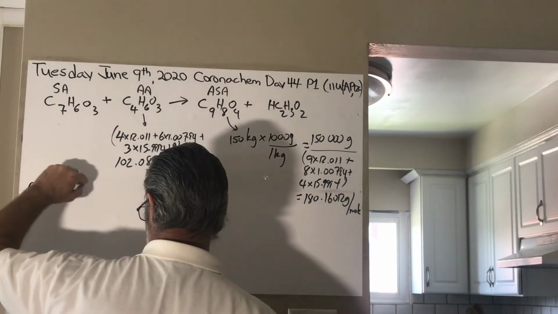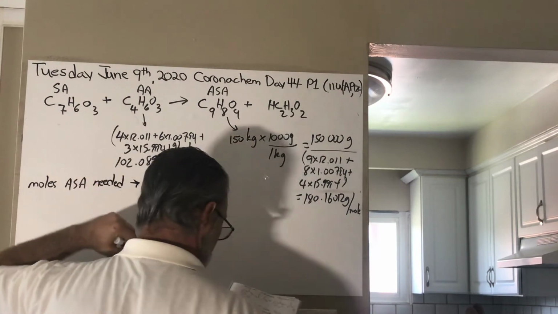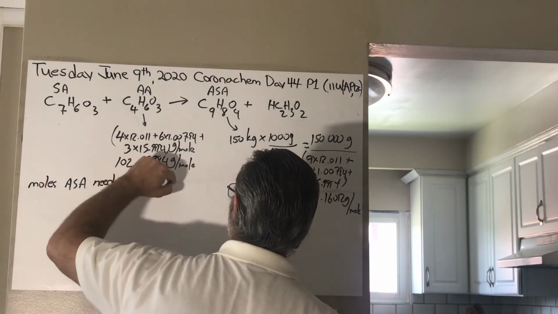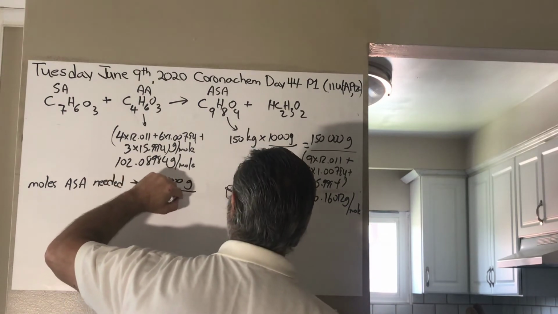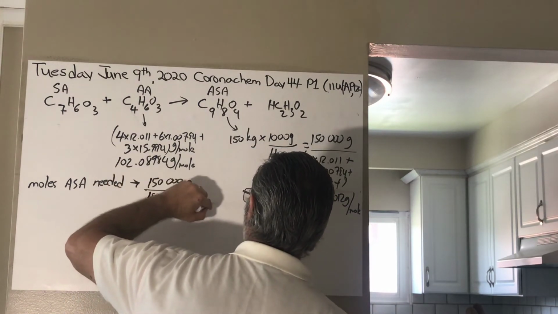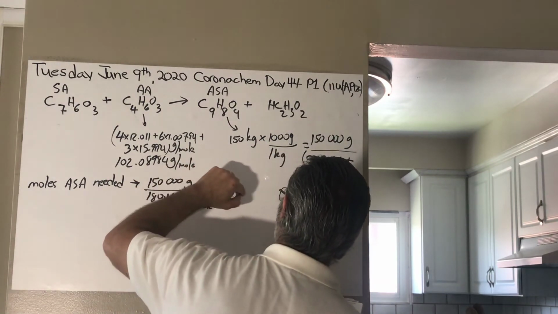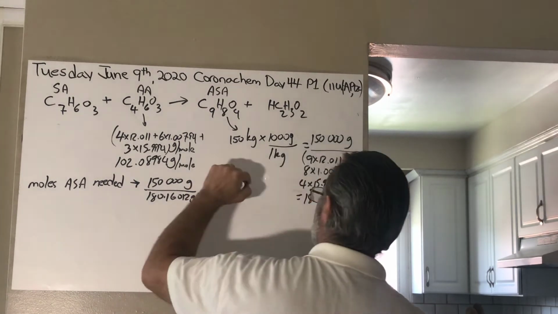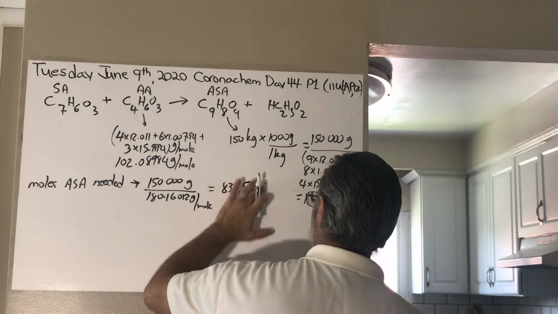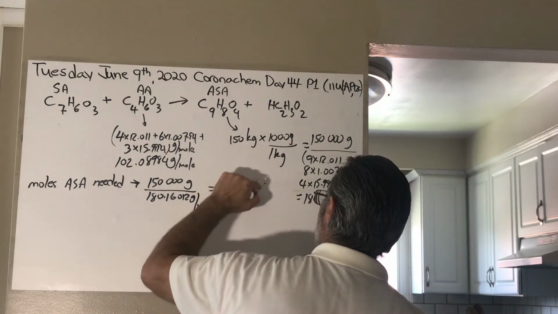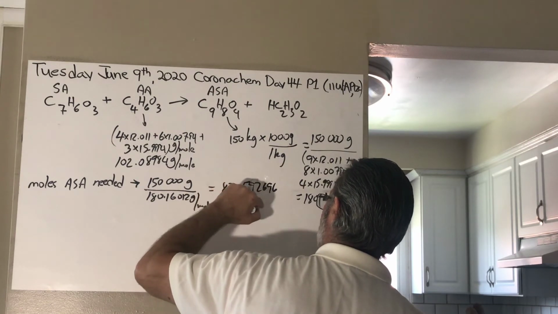Moles ASA needed at the end is 150,000 grams over 180.16012 grams per mole, equals 832.592696 moles of ASA.